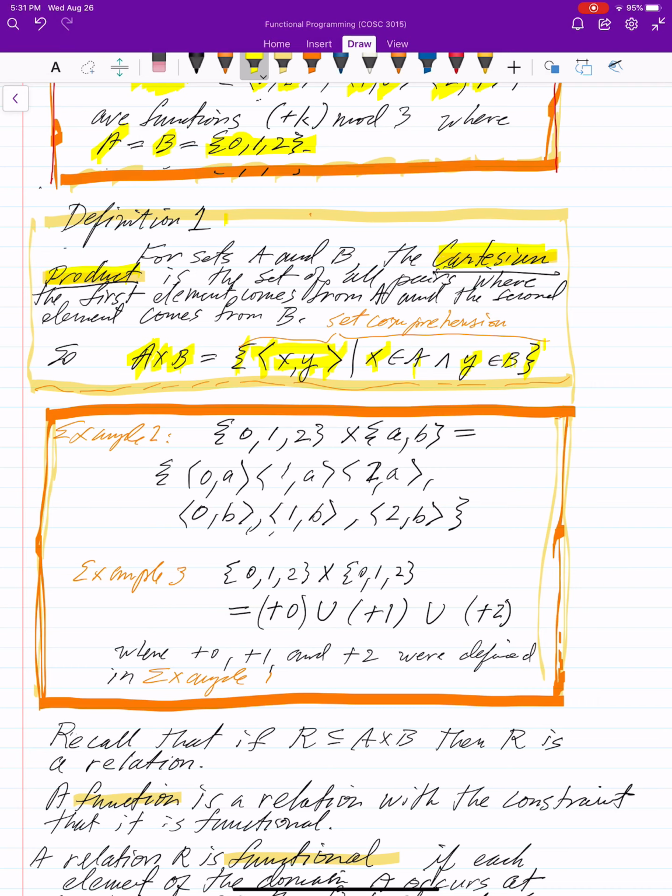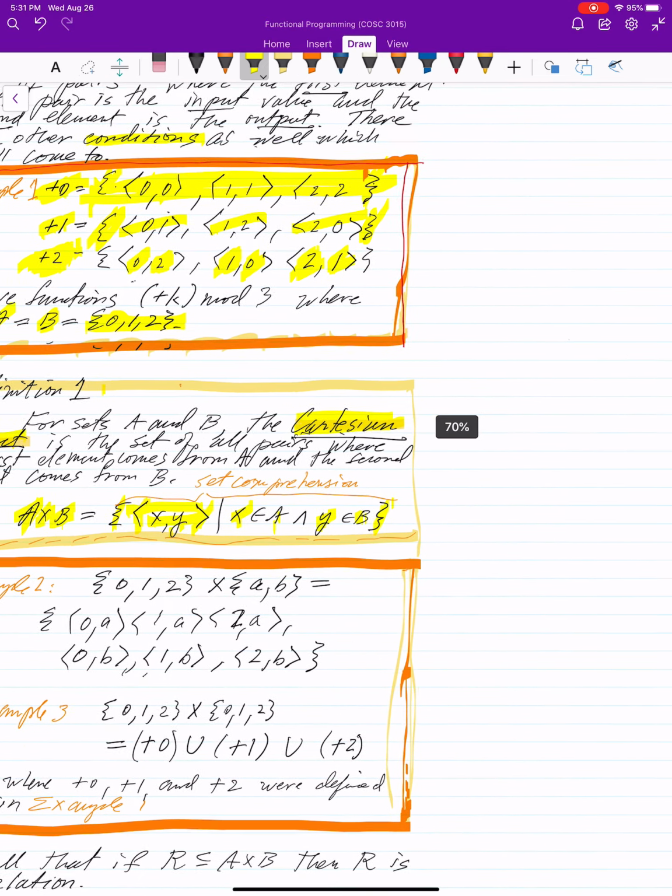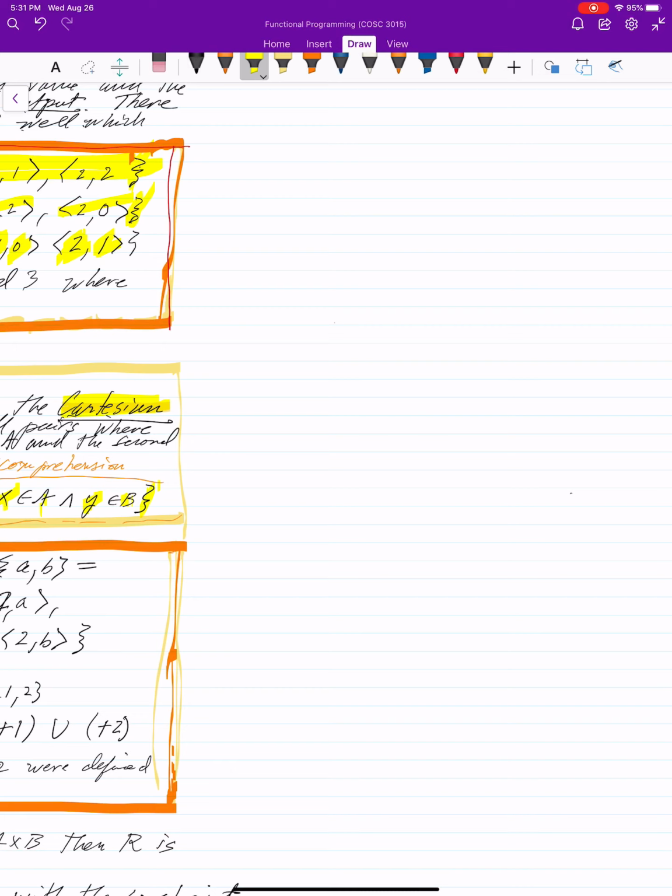Now, don't be fooled by these examples into thinking that this must be finite. Functions are mostly infinite.